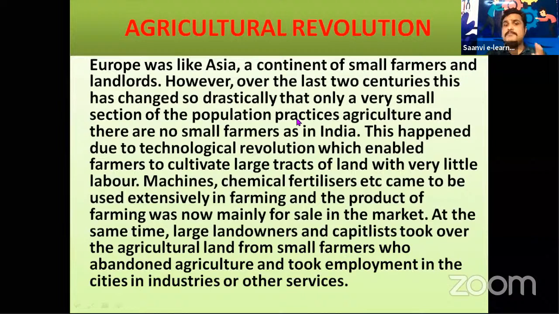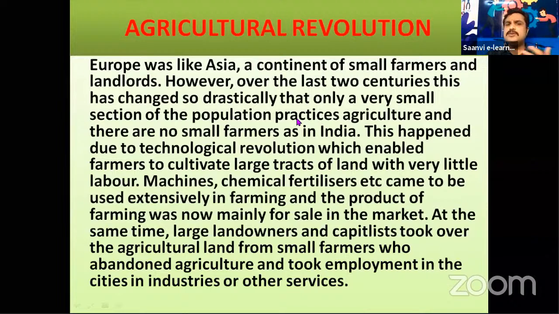So the rich persons, landlords and capitalists, purchased land from the poor farmers. Compare India and Europe. Here also it is the same. Nowadays small farmers sell their land to the landlords because they are unable to cultivate.